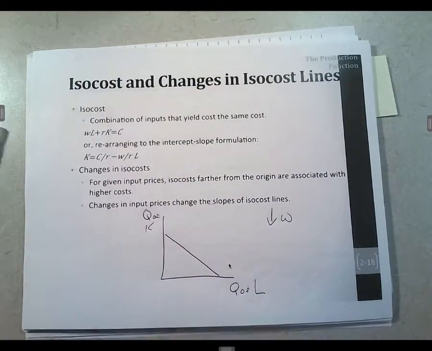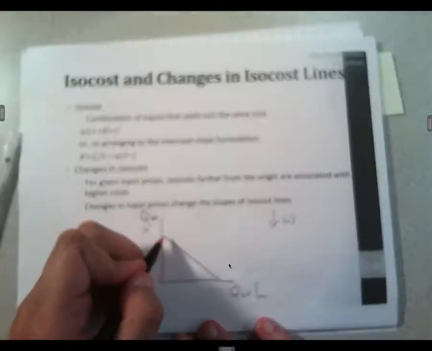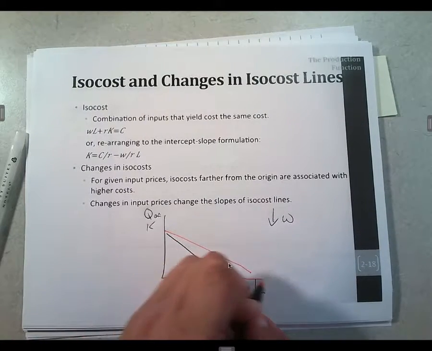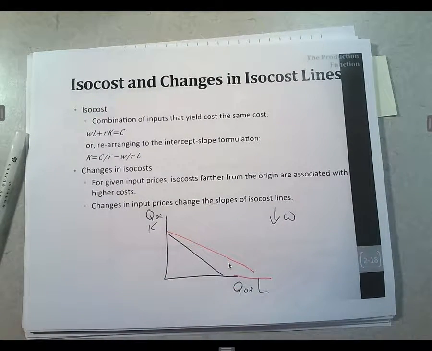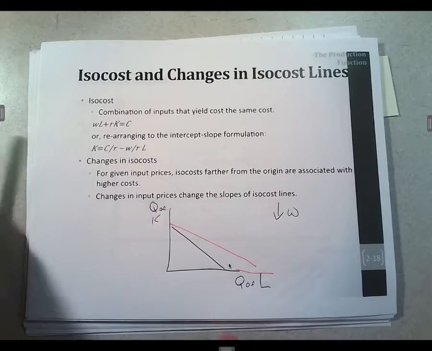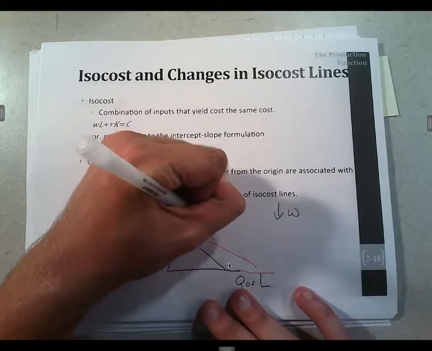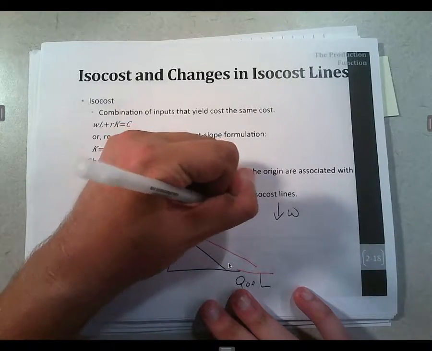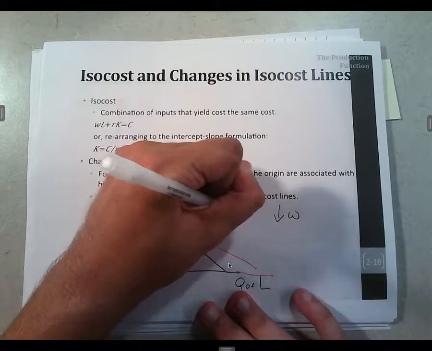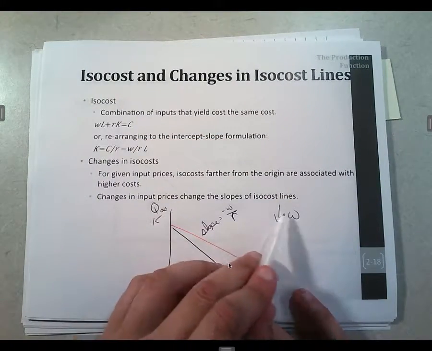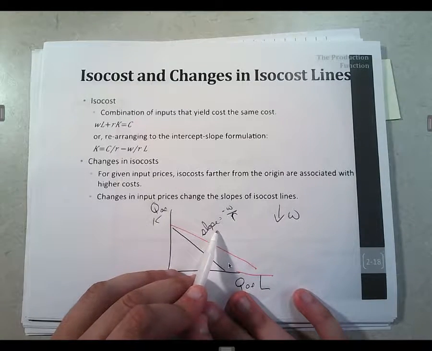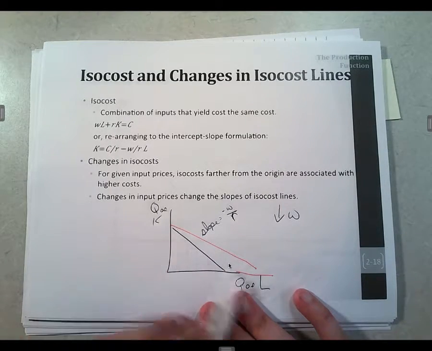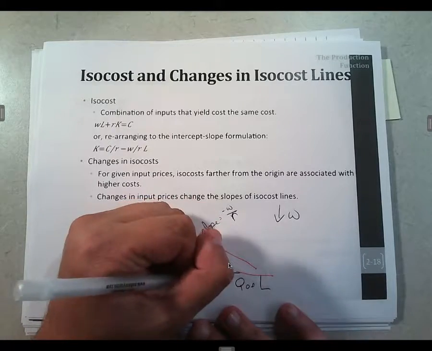If I lower the wage rate, that's going to pivot out my ISO cost line, where again the slope is right here. So obviously if this is falling, it would make this flatter and flatter, which is exactly what it's becoming. But then it would also change the intercept.